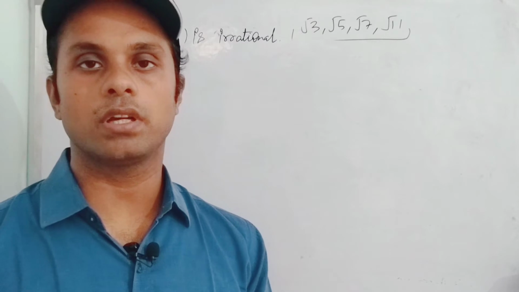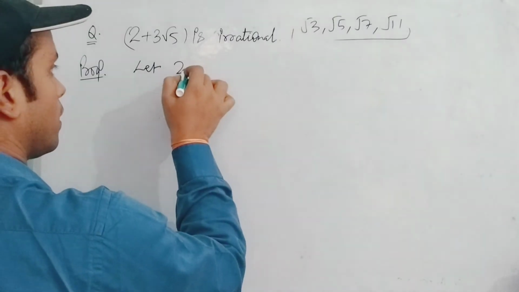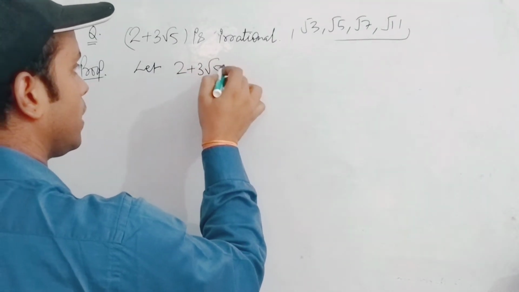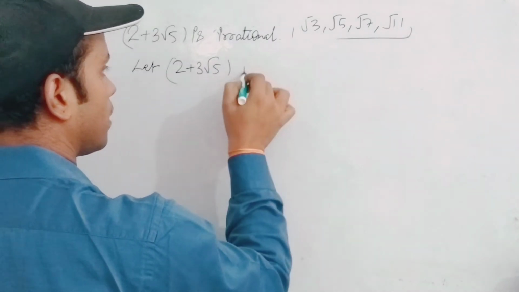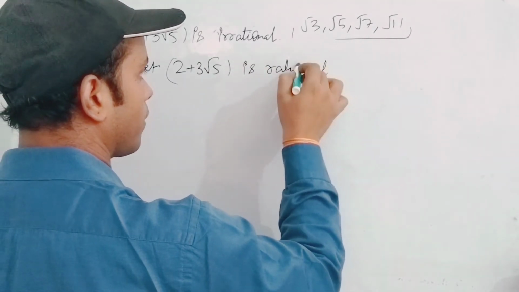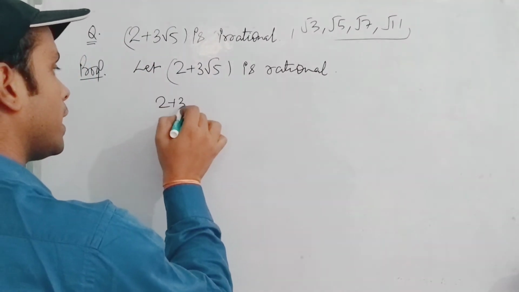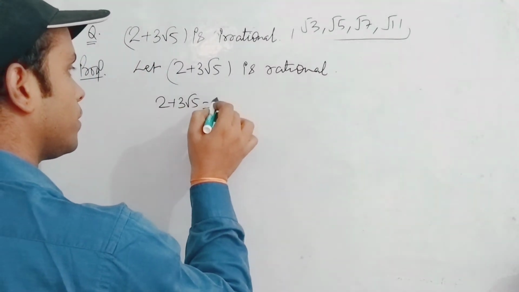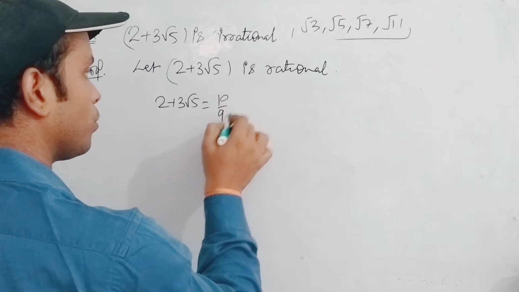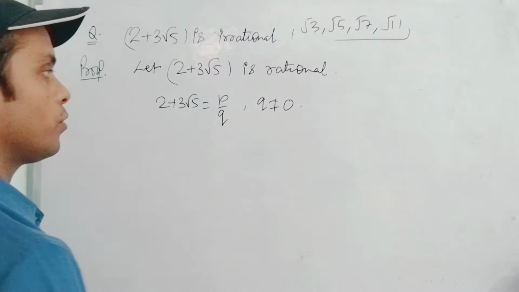Like the previous question, we assume that 2 plus 3 root 5 is rational. Let 2 plus 3 root 5 be a rational number. It means we can write 2 plus 3 root 5 equals p by q, if this is rational, and q is not equal to 0.